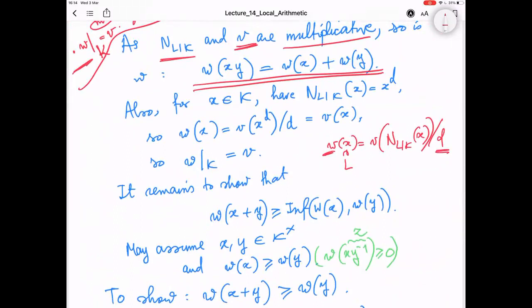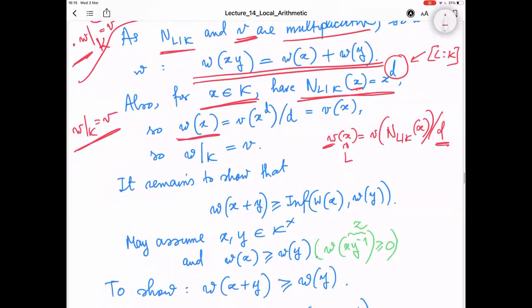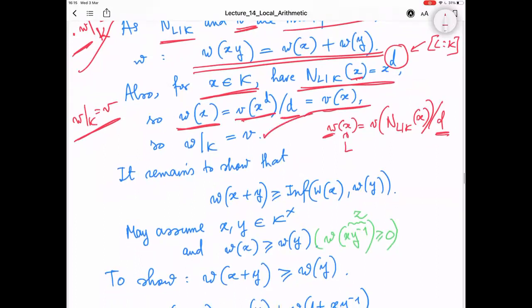The next thing I want to check is that the restriction of W to K is V. So I take an x in K, then what is the norm from L down to K of x? It's x to the power D, where D is, recall, the degree of L over K. So W of x, by definition, is V of x to the power D divided by D, which is V of x, and we get this.